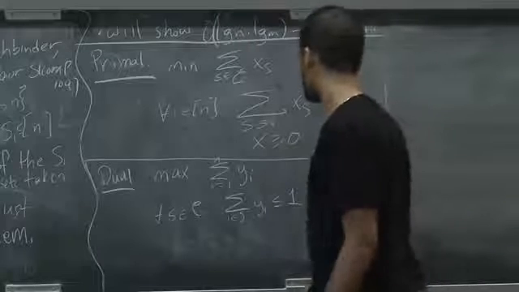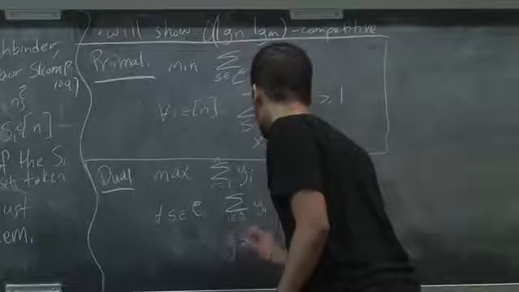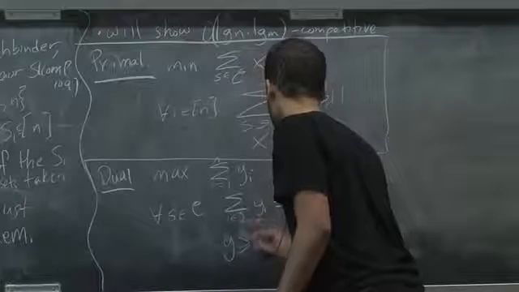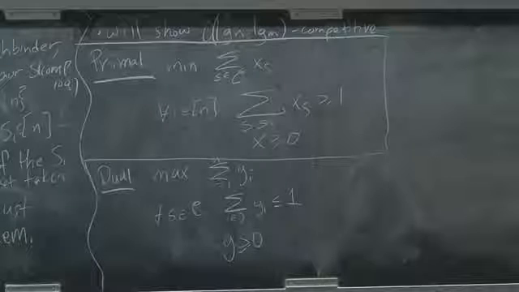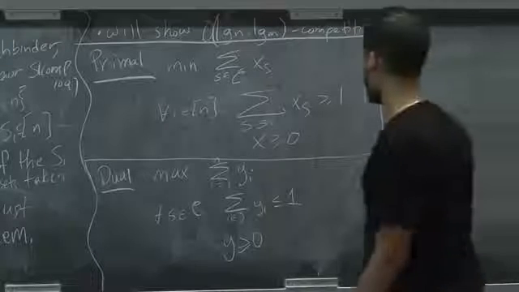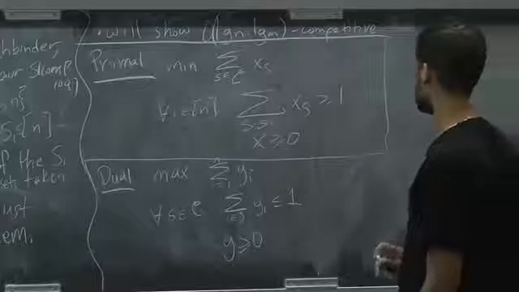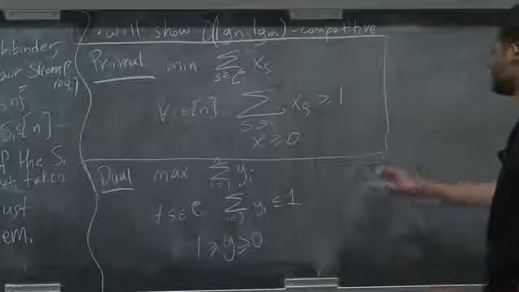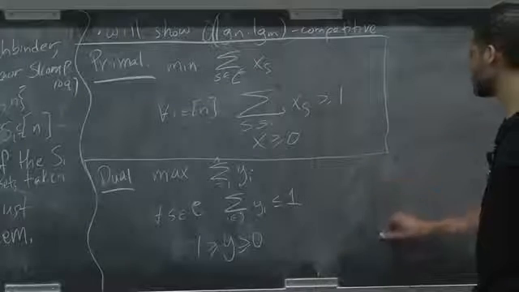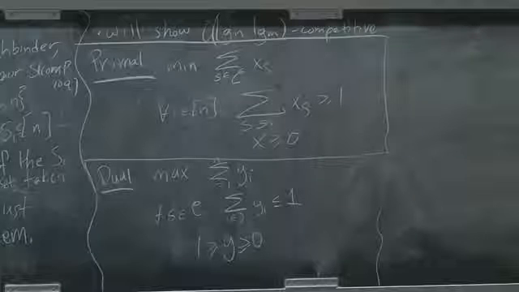And we also have the constraint that y is at least 0. The at most one, again, doesn't matter so much because this already sort of enforces that. Okay, good.